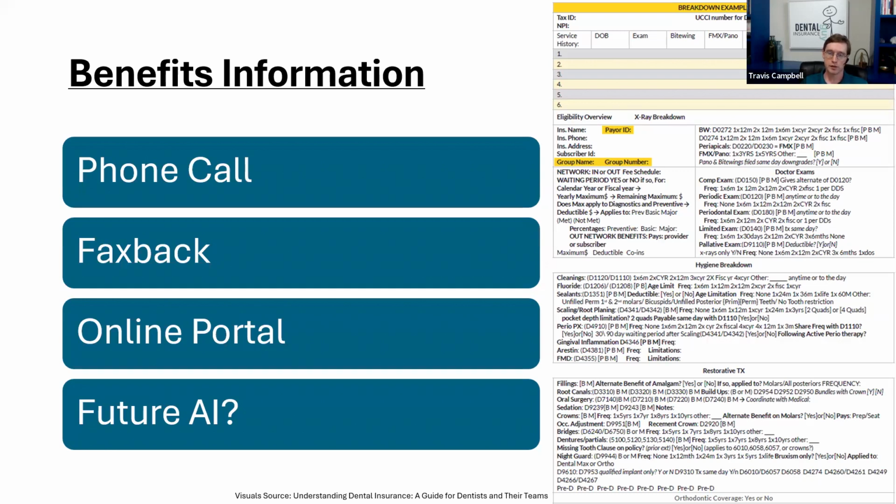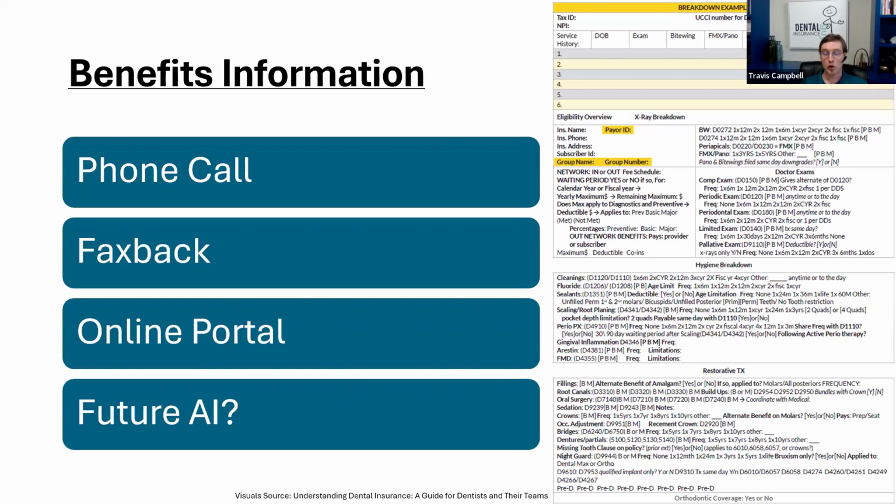And if you look to the right, this is an example of an insurance verification form or a breakdown of benefits. It is extremely detailed. It takes time to fill out, but having it saves you a lot of effort on the back end and with estimates. So it does take some time to do this. Whether you do it internal or outsource it is just a lot of effort.